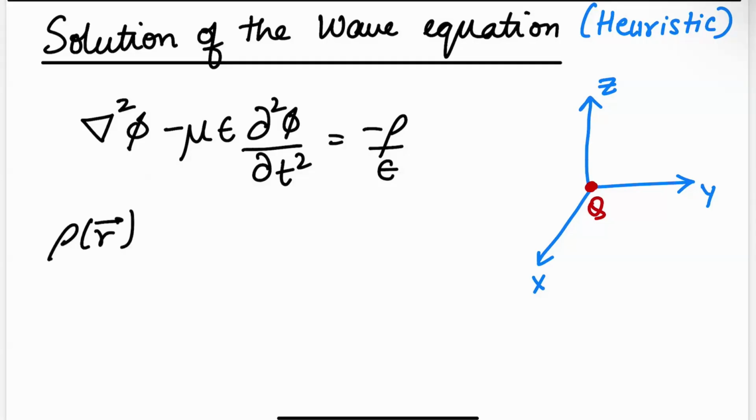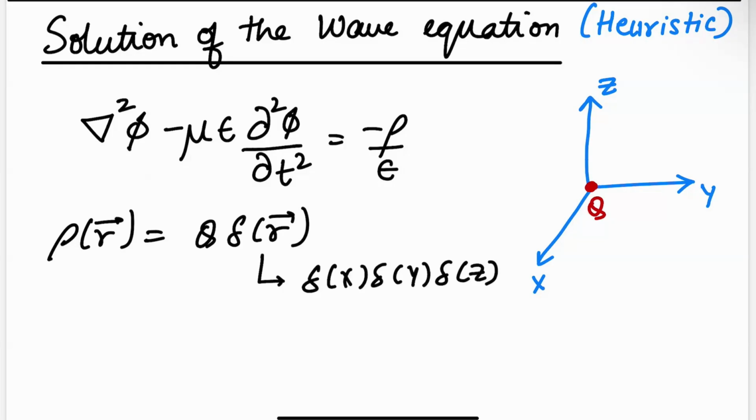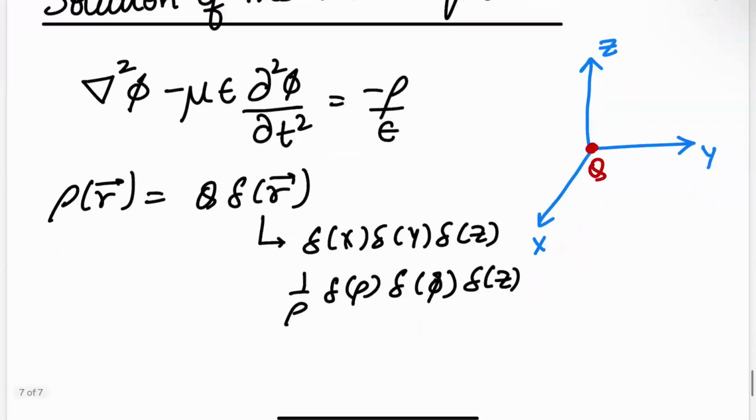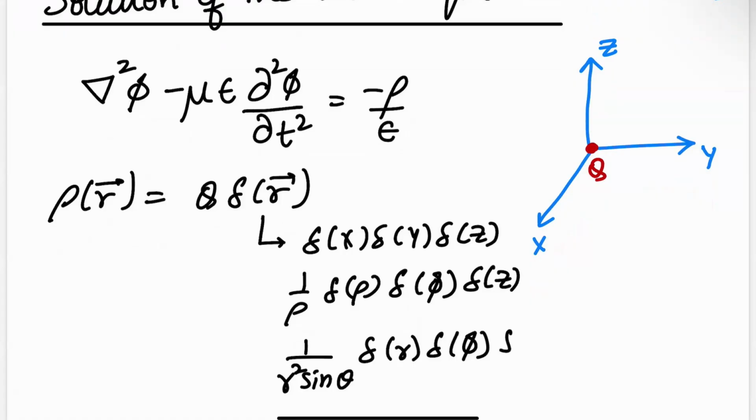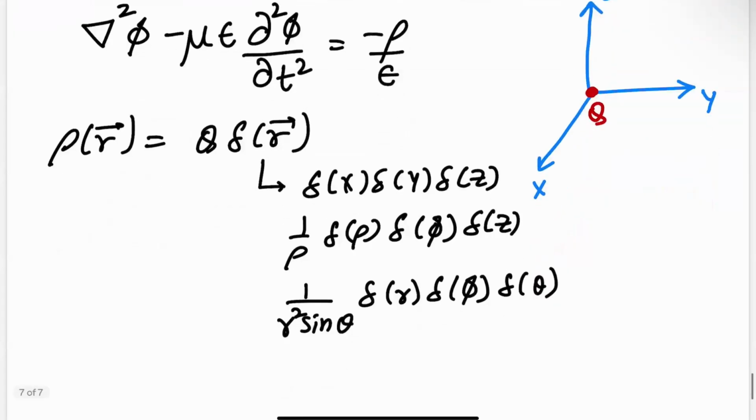So I'll say rho of r is nothing but q times delta of r. Okay, where delta of r is, so what is delta of r? So delta of r is delta x, delta y, delta z in Cartesian coordinates, and it's 1 over rho, delta rho, delta phi, delta z in cylindrical coordinates, 1 over r squared sine theta, delta r, delta phi, delta theta in polar coordinates.